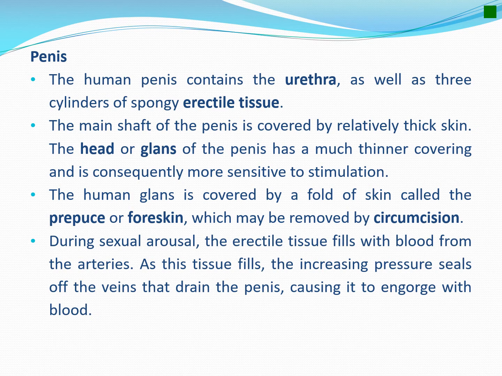The penis, as another external organ, contains the urethra as well as the 3 cylinders of spongy erectile tissue. The urethra is a thin tube that begins at the lower opening of the bladder and extends through the penis to the outside of the body.